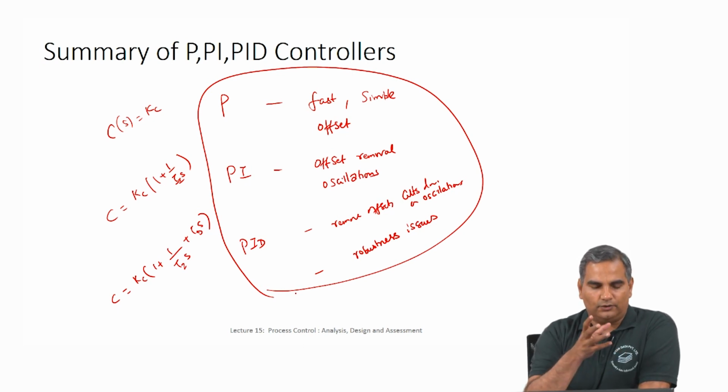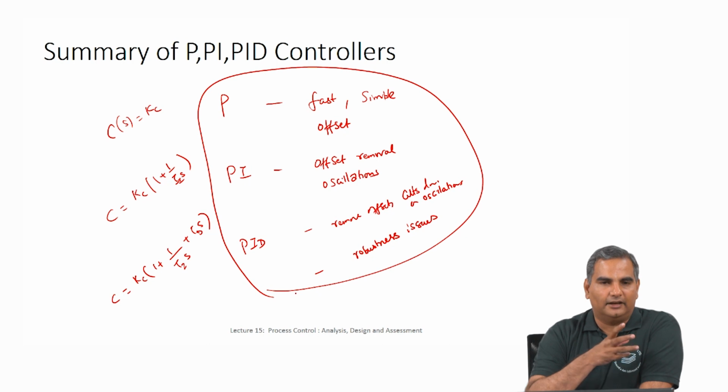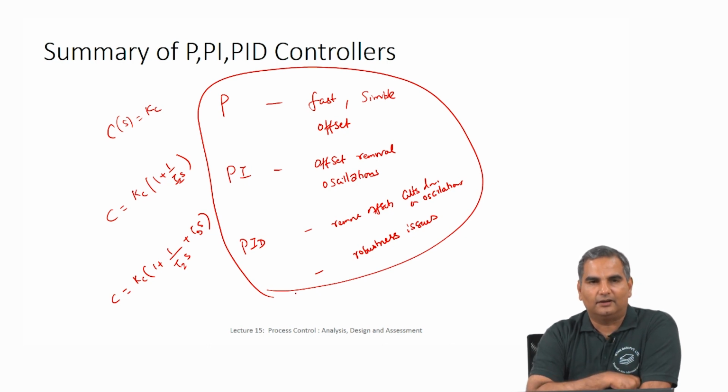And then I showed you that when you go to closed loop and you want to understand the performance of closed loop systems, you do not have to do anything differently at all.